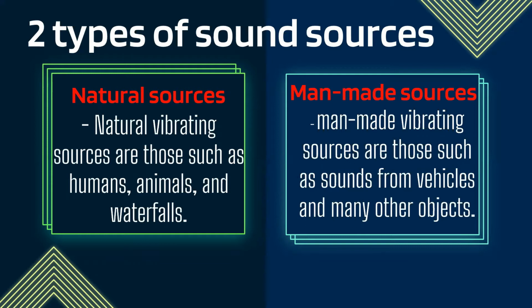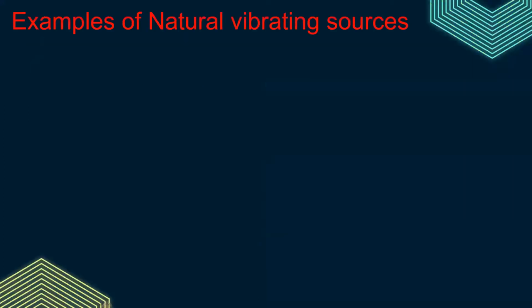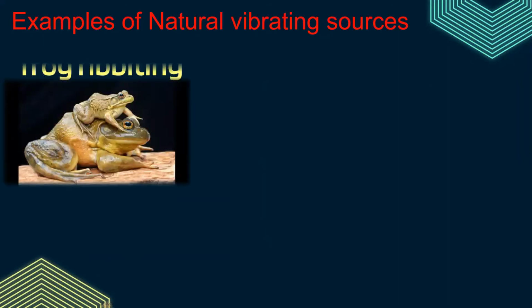Now, I'm going to show you examples of natural vibrating sources. First, we have a frog ribbiting. That is a sound from a frog.